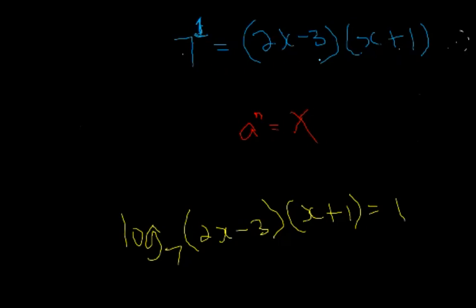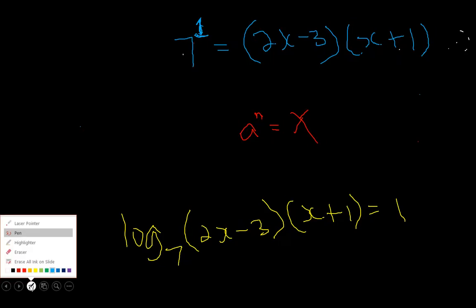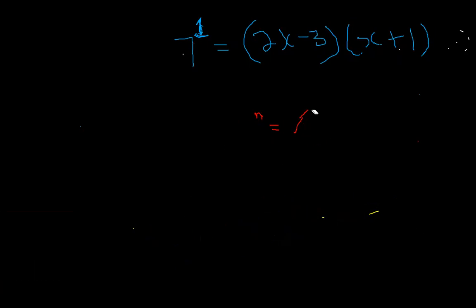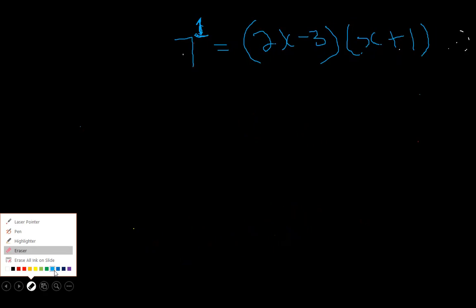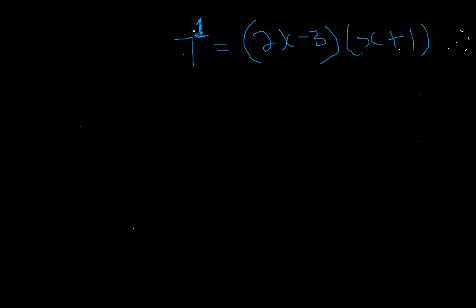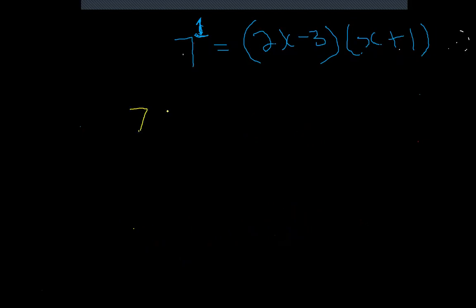So now I can just solve for x using algebra, right? I would expand these brackets. When I expand those brackets, I can tell that I would get a quadratic. So I know I have to solve a quadratic. Anything raised to the power of 1, we learned this when doing exponentials, so 7 raised to the power of 1 is 7.